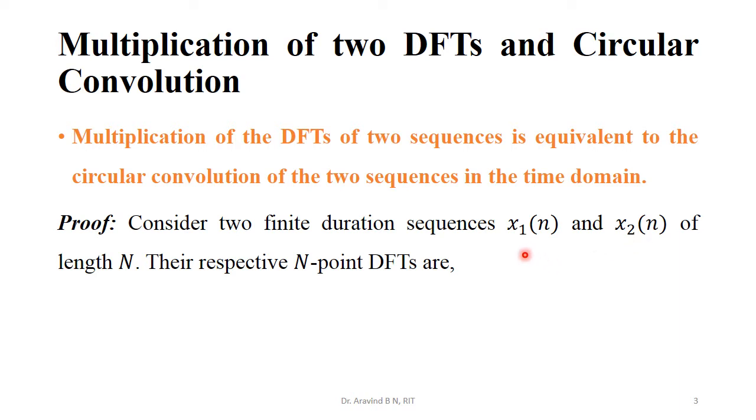Therefore here we are going to make an assumption that x1 of n and x2 of n both have the sequence length n. So we need not worry about the length of the sequence further. So it's a fixed sequence length n. Then, as per the calculation procedure, we have to apply the n point DFT on each of these two sequences. So let us go further.